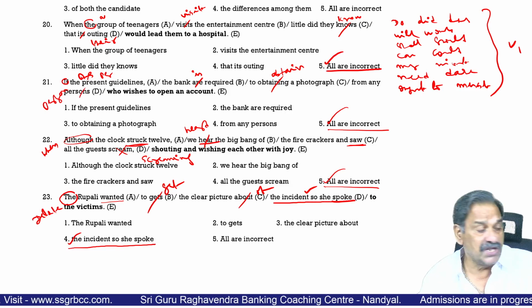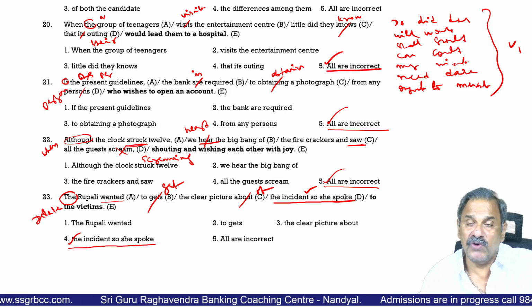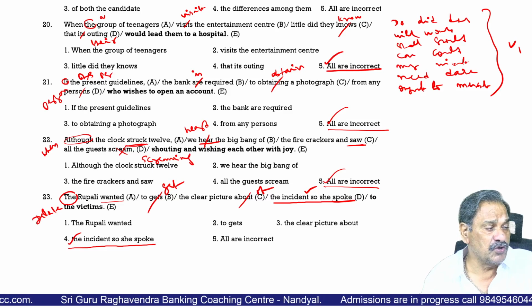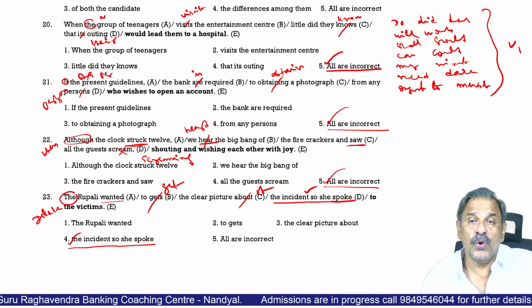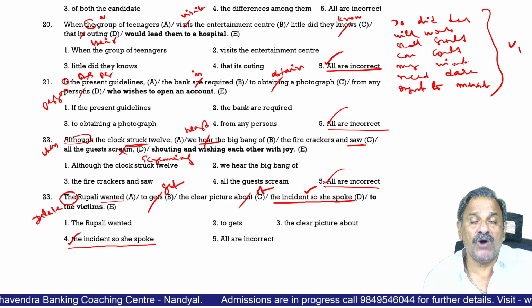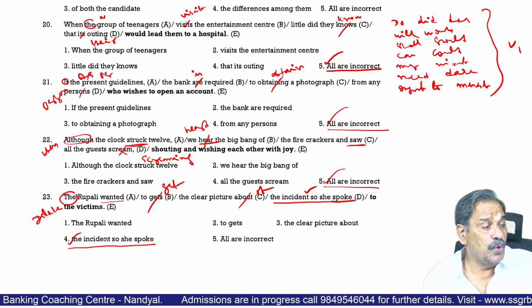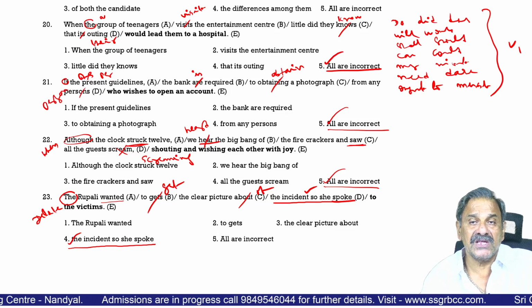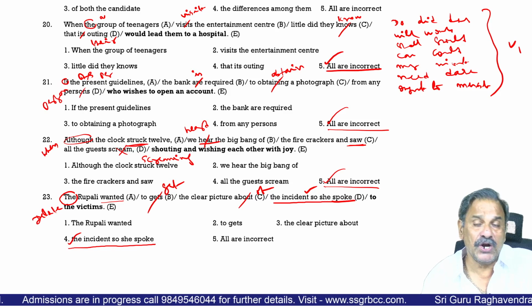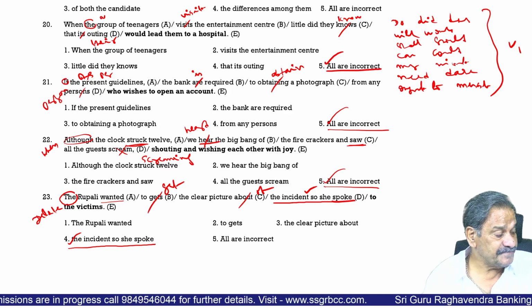Person is a living object. Yesterday we discussed that for living objects we have to use the relative pronoun who. We have 6 relative pronouns: who, whom, whose, which, what, that. Who, whom, whose are used for persons, and which, that we are going to use for non-living things.